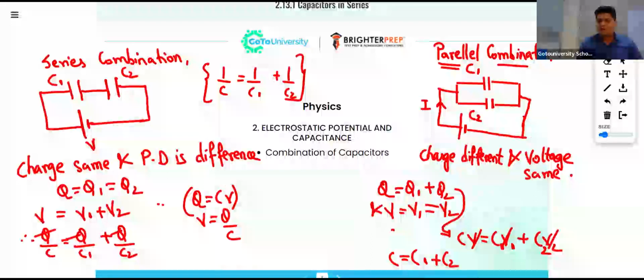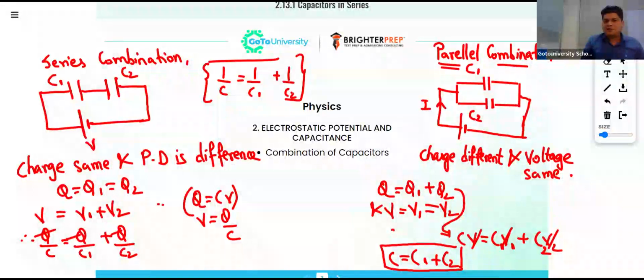So this is the difference between the series combination and parallel combination. In series, it will be reciprocal. In parallel, it will get added.